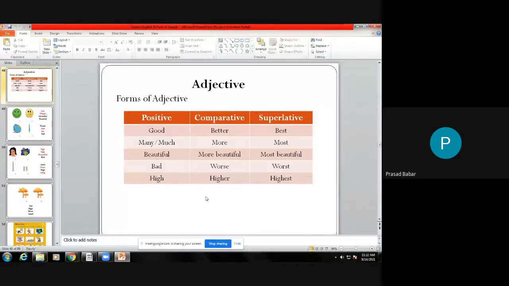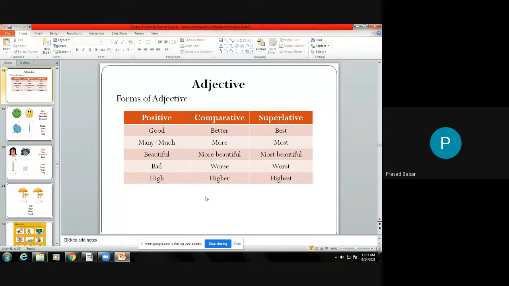The next is bad. Bad is the positive. Its comparative is worse, not worst, and its superlative is worst. Okay, so see the difference. Bad, worse, worst. In comparative, we use the form worse, and its superlative form is worst, meaning too much bad.